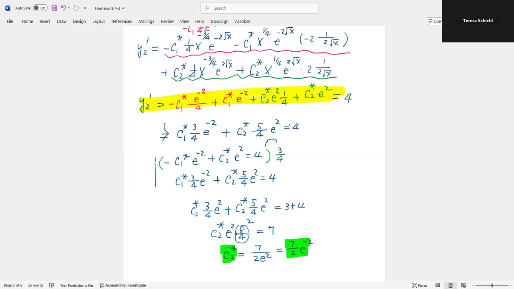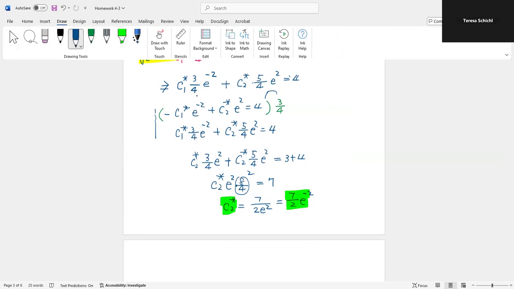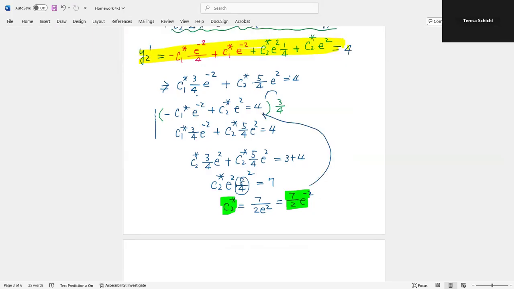All right. Then you can use your algebra. Okay, so you will just use the substitution, right? You can substitute the C2 to here and try solving for the C1. Okay, solve for C1 star by substitution, right? So you already got C2 is 7/2 e to the negative 2.